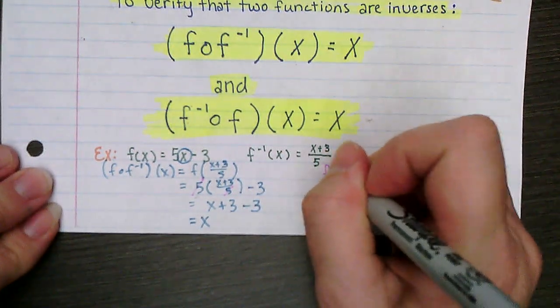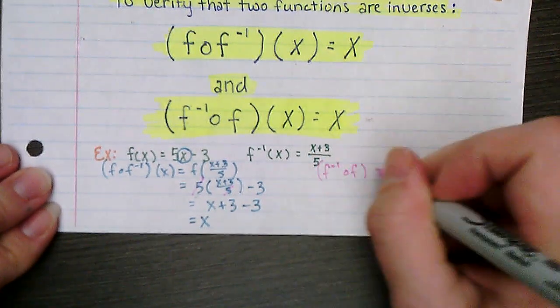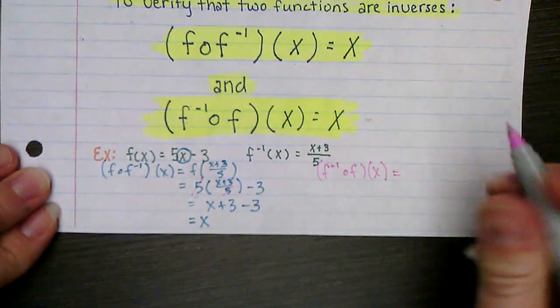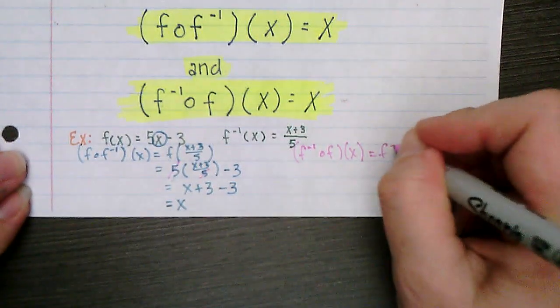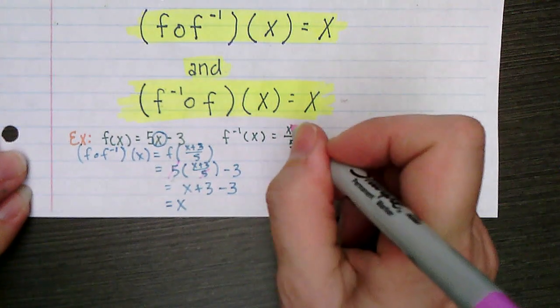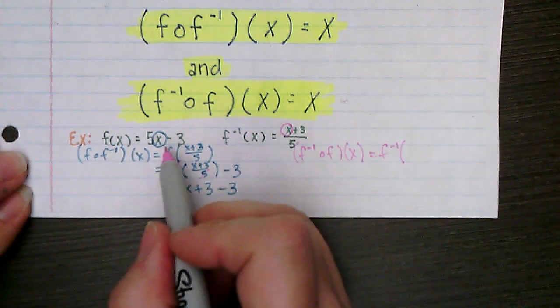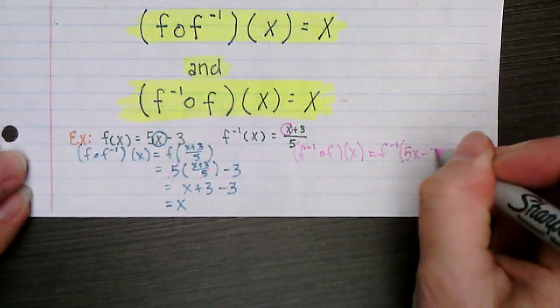Then we'll do f inverse circle f of x, so I'm going to do the inverse function and replace the x right here with 5x minus 3.